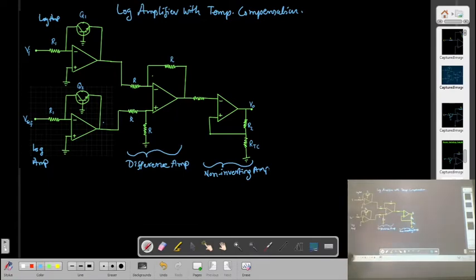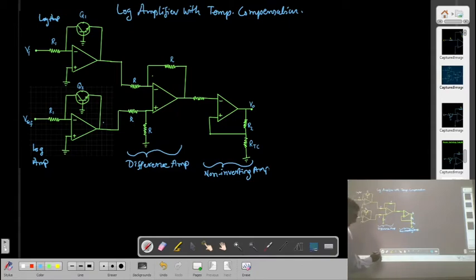So here this circuit is divided in two parts. At the input we have a log amplifier, then the output of the log amplifier is given to the difference amplifier, and then we have a non-inverting amplifier. Whatever the reference voltage is, for the reference voltage we have a separate log amplifier, and for the input voltage another log amplifier will be there.